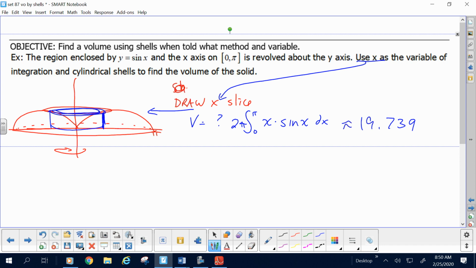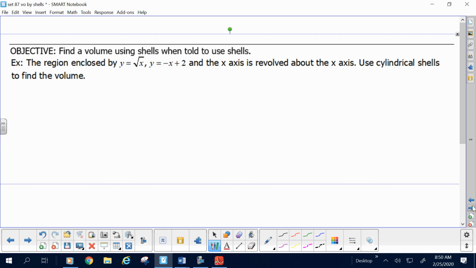So far, so good? All right, let's work through a little less guidance. Sometimes they'll ask you to use shells, and they'll tell you, I want you to use shells, not discs or washers. But they won't tell you what variable, and so you'll have to figure it out. So would you give me a quick sketch of the region?